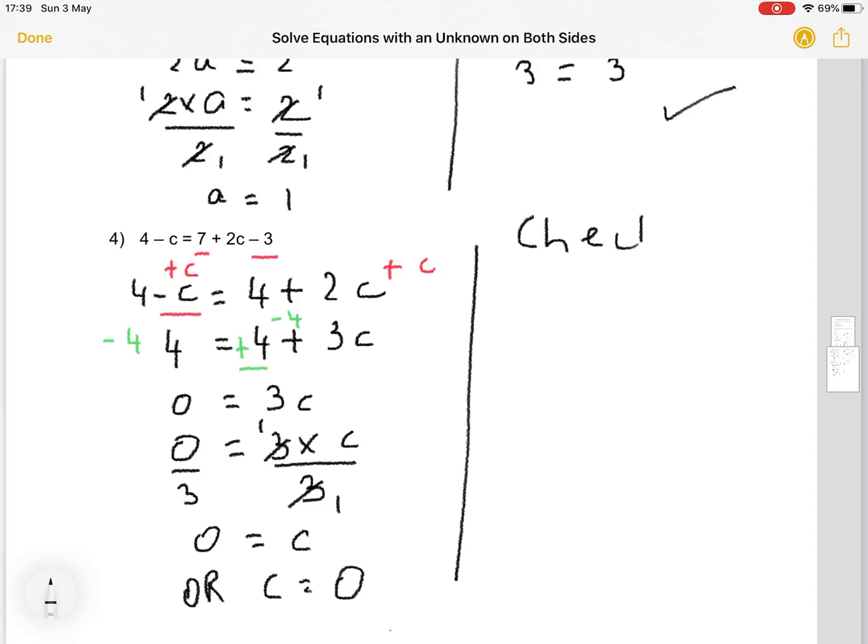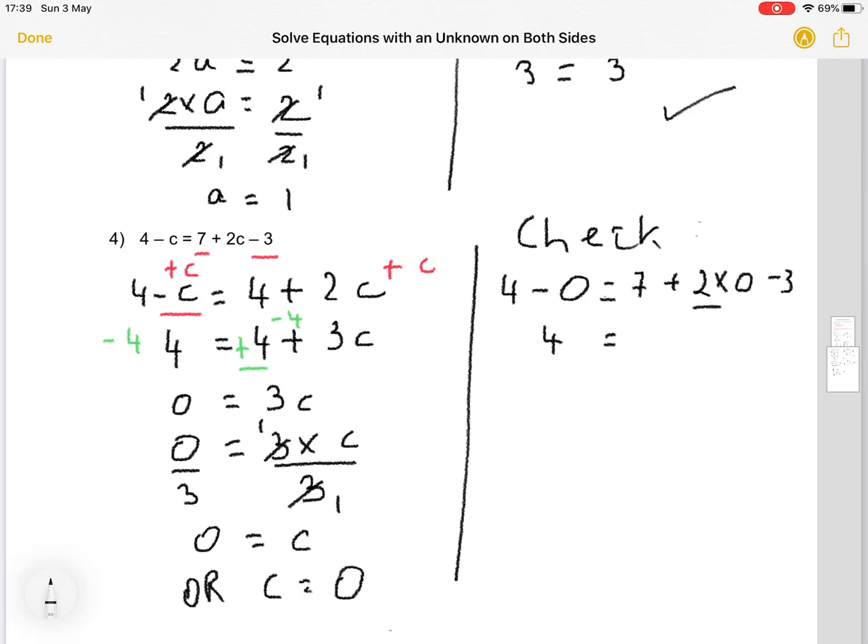Check. Wherever I have a c, I need to write a 0 now. So 4 minus c becomes 4 minus 0 is equal to 7 plus 2 times 0 minus 3. On the left-hand side, 4 minus 0 is 4.